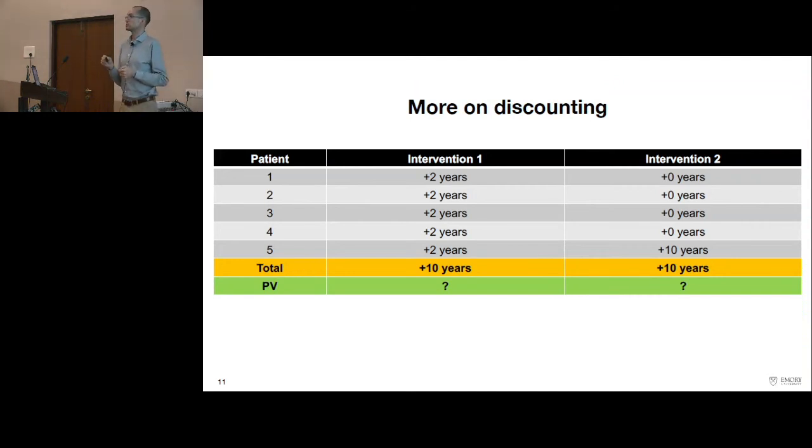While in intervention 2, the first 4 patients will die immediately, but the 5th one will gain 10 quality-adjusted life years. So under that intervention, this group of 5 patients still gains 10 quality-adjusted life years, right? But they're not exactly comparable if we introduce discounting.